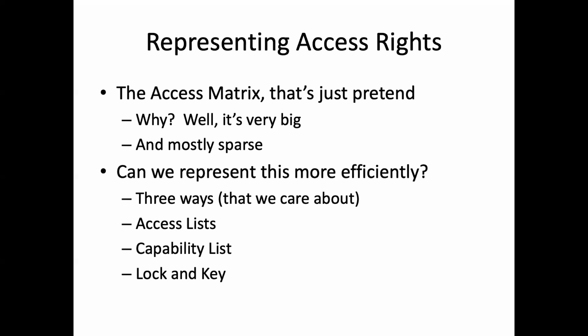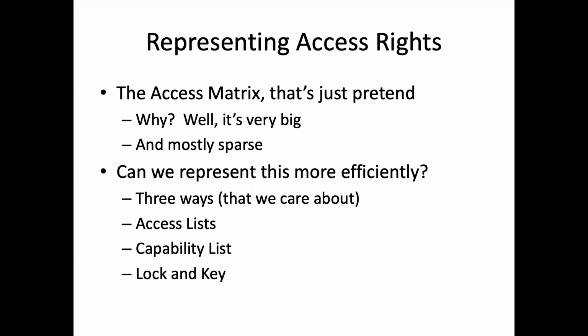Or if we had an object that should be accessible by everybody, we can represent that in a compressed way. And I've listed the three standard ways of representing this at the bottom of this slide. Normally, this is represented as either an access list, a capability list, or, as we'll see in a moment, a lock and key mechanism.